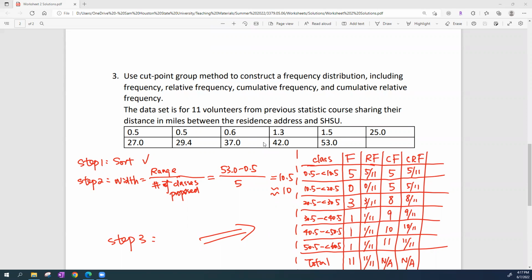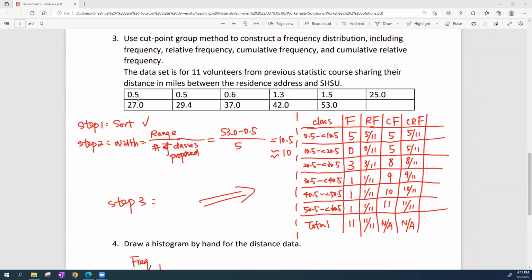So the data set is for 11 volunteers from the previous stat course, sharing their residence to SHSU distance. So we have 0.5, 0.5, 0.6, and then the last number is 53. So step one, we want to sort the data, put everything in increasing order. So for this one, it's given that way. So for step one, we just check that.